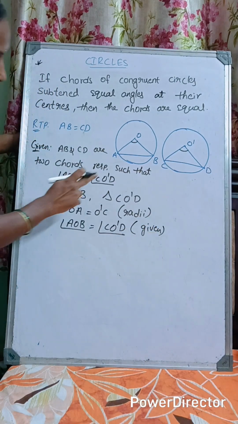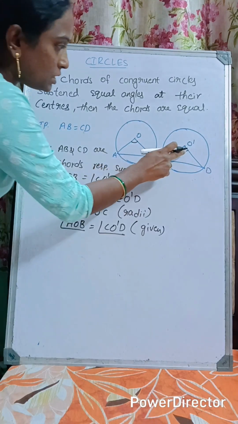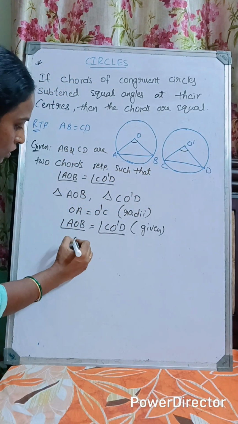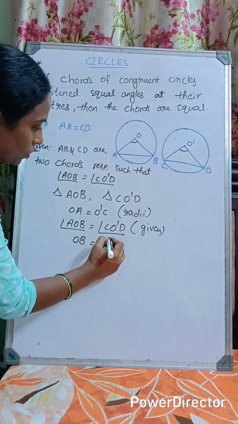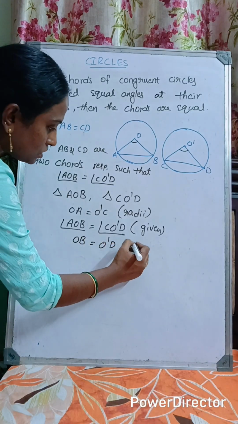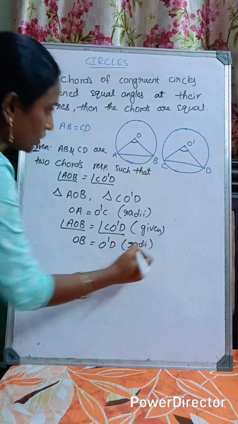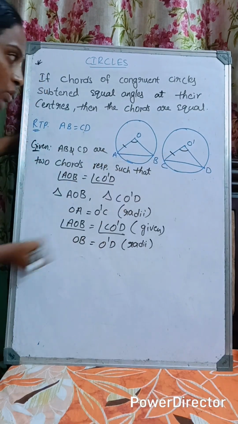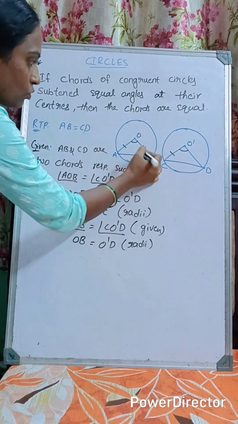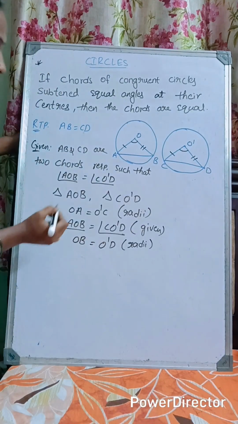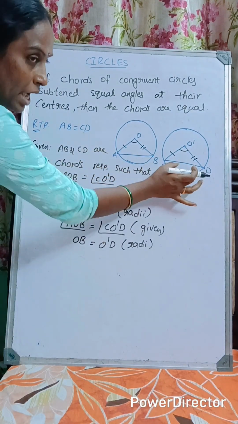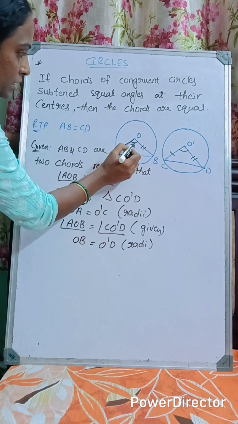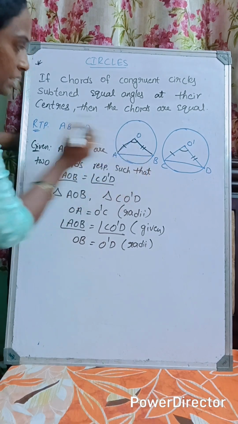And already we know that OB is equal to O dash D because that is also radii, right? Yes. OB is equal to O dash D. Correct? Now, what can I say here? OA is equal to O dash C and OB is equal to O dash D, and the included angles are equal. So, these two triangles are following which criterion? Side, angle, side. Correct?